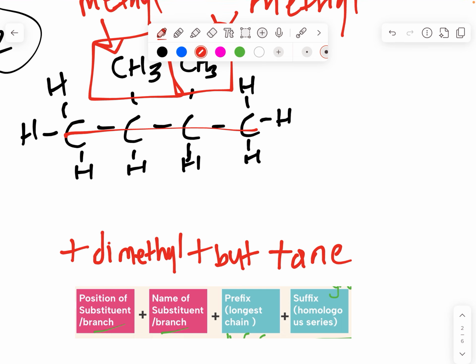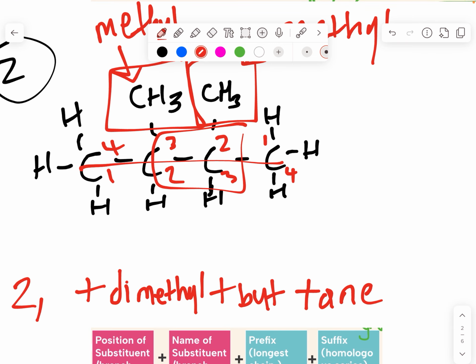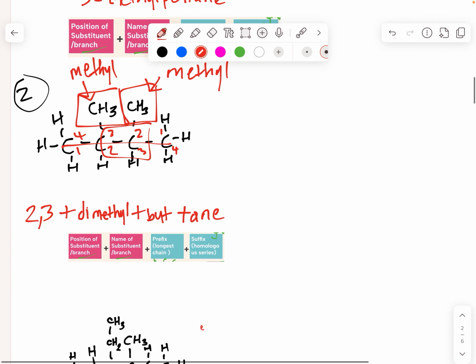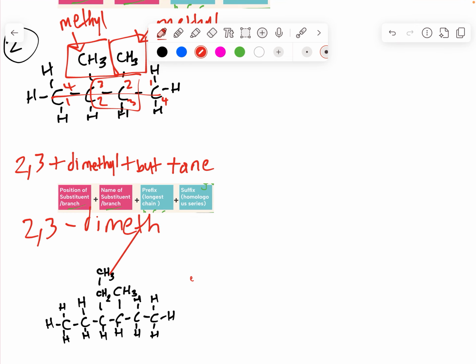I will need to identify the position of both of these. If I go 1, 2, 3, 4, or 1, 2, 3, 4, no matter the direction I go, the numbers are still 2 and 3. So I'm going to do 2,3-dimethylbutane.